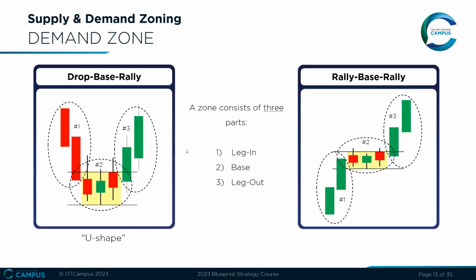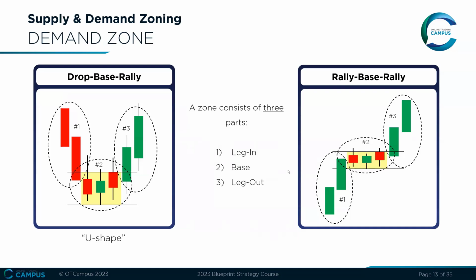Very well. So as we know, our formations consist of these three parts. In the case of demand zones, we have a drop-base-rally and a rally-base-rally, DBR, RBR. And as the name suggests, there are three parts to these formations.